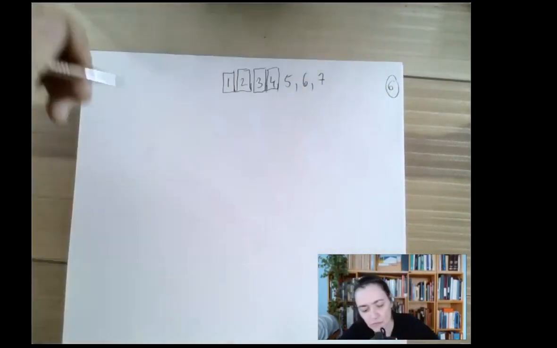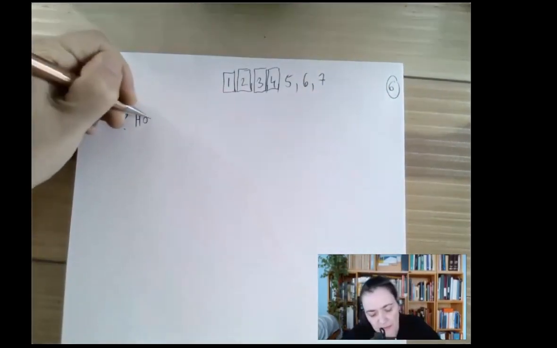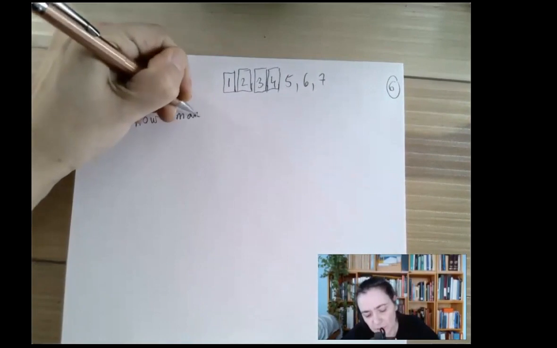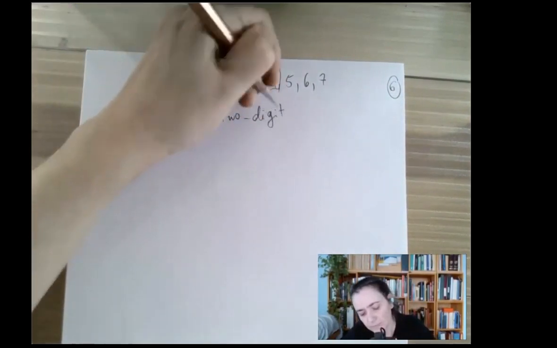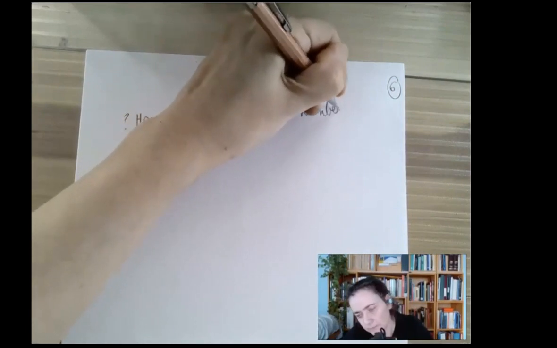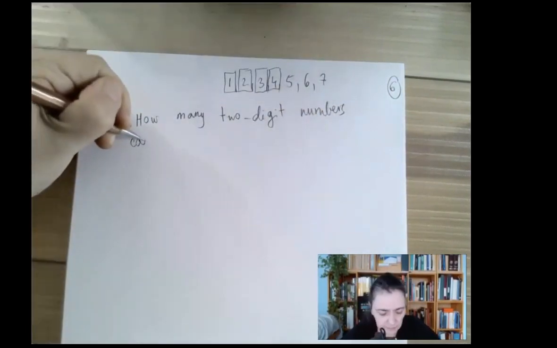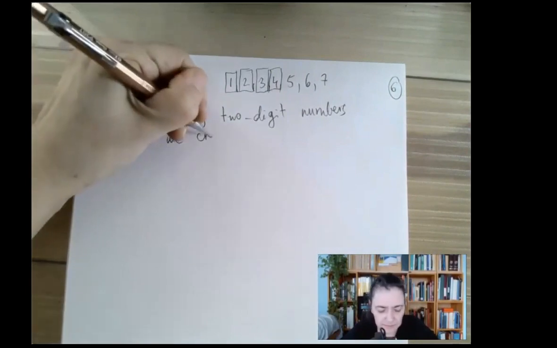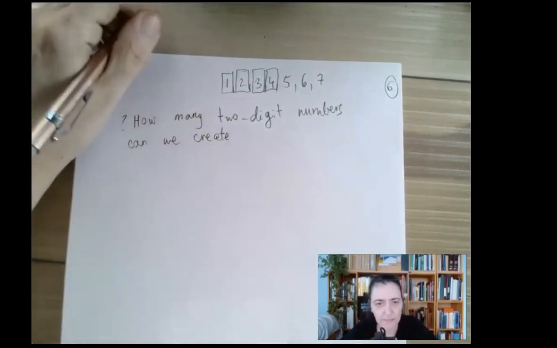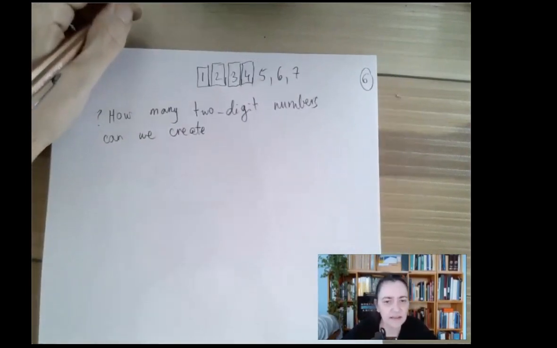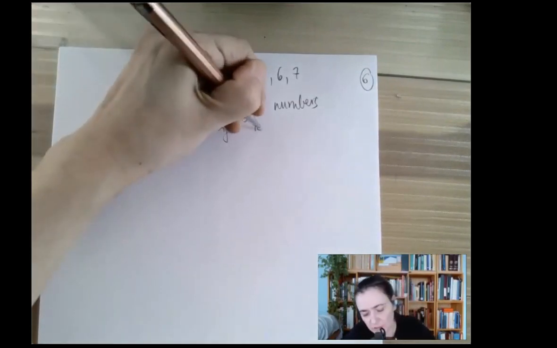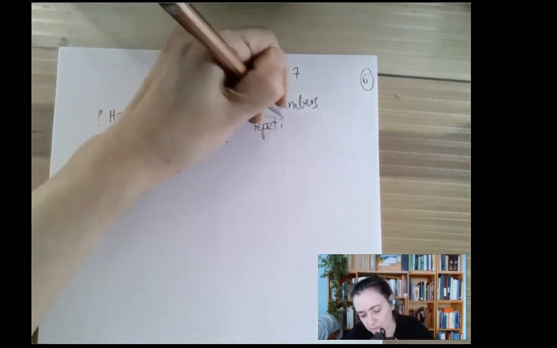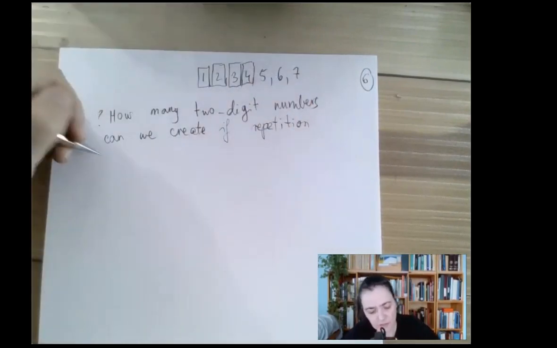And I'm asking you, how many 2-digit numbers can we create? And the only way this can be a rearrangement is if we say digits cannot repeat.